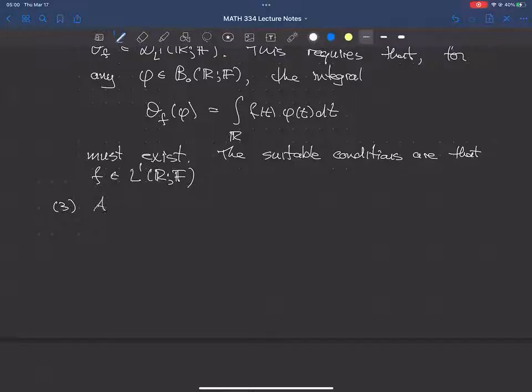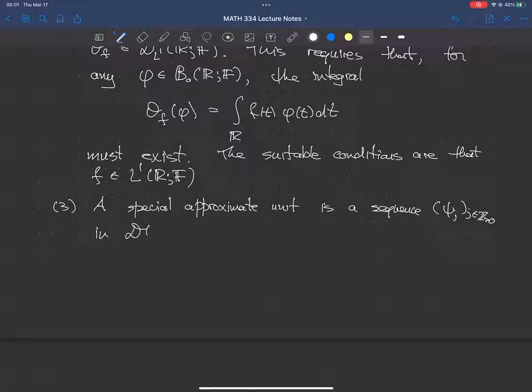So a special approximate unit is a sequence, I'm going to call these psi j, in D. So these are infinitely differentiable with compact support, but the convergence is not going to be in D, as we'll see.